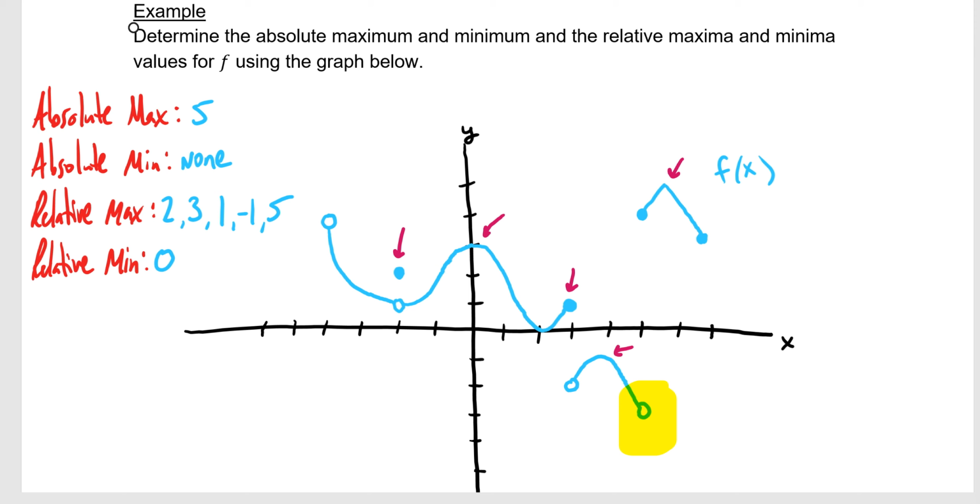If that was a filled in circle and this was a hole above it, then it would have been a relative minimum. So that's not a relative minimum, and that's actually it. There's no more relative min. It's just the y value of 0. Okay, so I'm going to just draw an arrow in a different color to that relative min value at 0. All right, so that one's the tricky one.